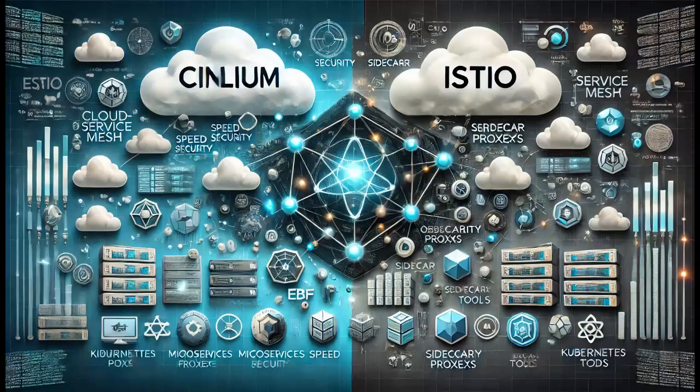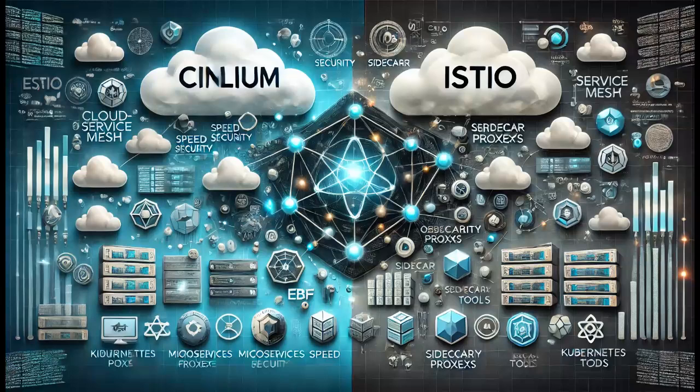Cilium is often described as using this almost magical technology called eBPF. So what's the deal with eBPF and why is it such a big deal for Cilium? Well, it's really all about efficiency. eBPF allows Cilium to operate directly within the Linux kernel, which is like the heart of your operating system.